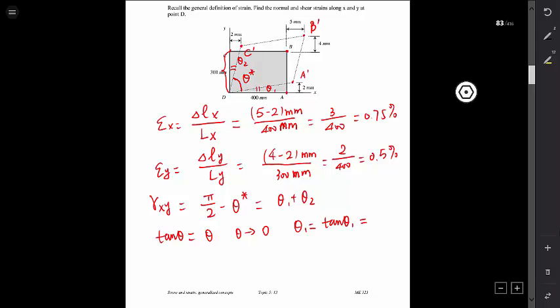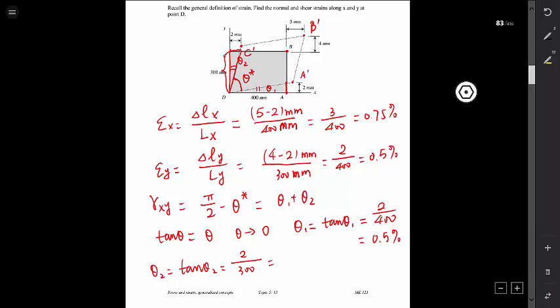That equals this 2 millimeter divided by 400 millimeter, 2 over 400. This equals 0.5%. And theta 2 equals tangent theta 2. In this right angle triangle, tangent theta 2 equals 2 divided by 300.